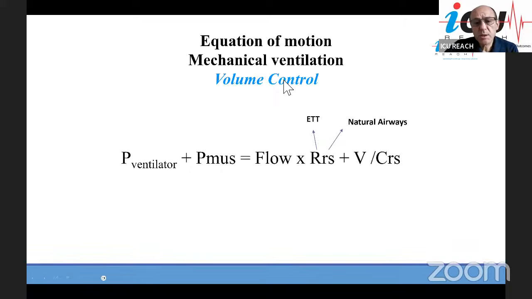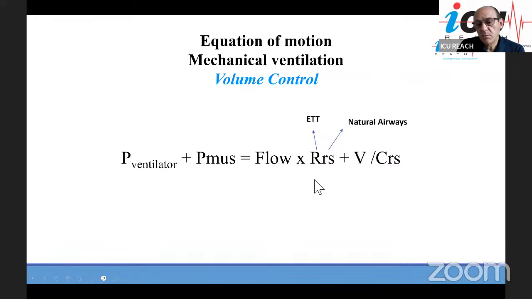So first, again, everything is based on the equation of motion. And the equation of motion is the formula that equates the pressure on one side with what's happening in the respiratory system on the other side. So the pressure should equal the flow multiplied by the resistance.